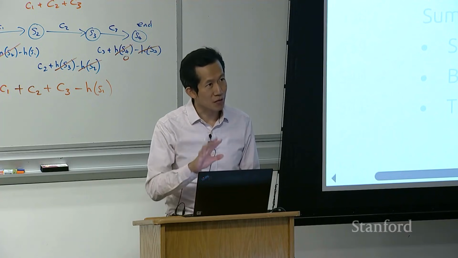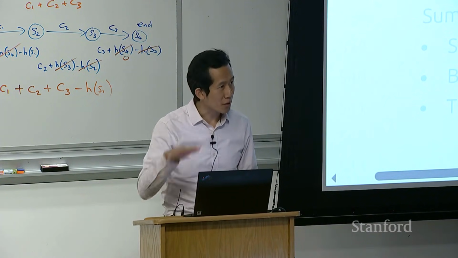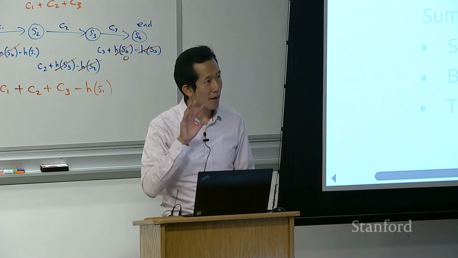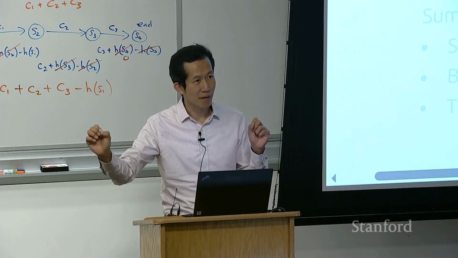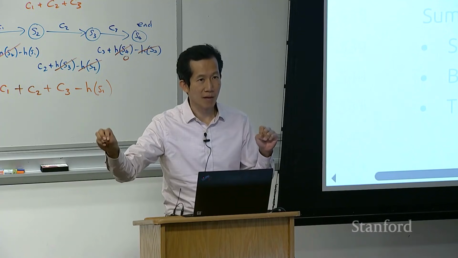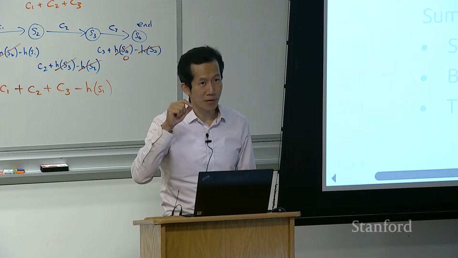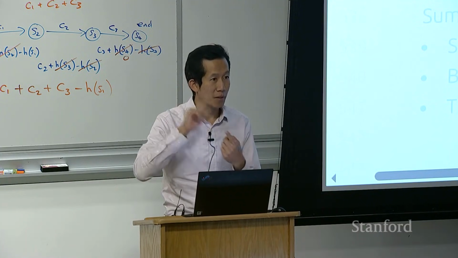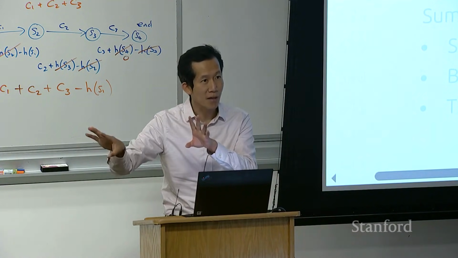So maybe one general thing to keep in mind is that we are introducing a bunch of algorithms. They all compute the minimum cost path from the start to an end. However, some of these algorithms also produce other things. For example, UCS produces past costs, dynamic programming produces future costs.